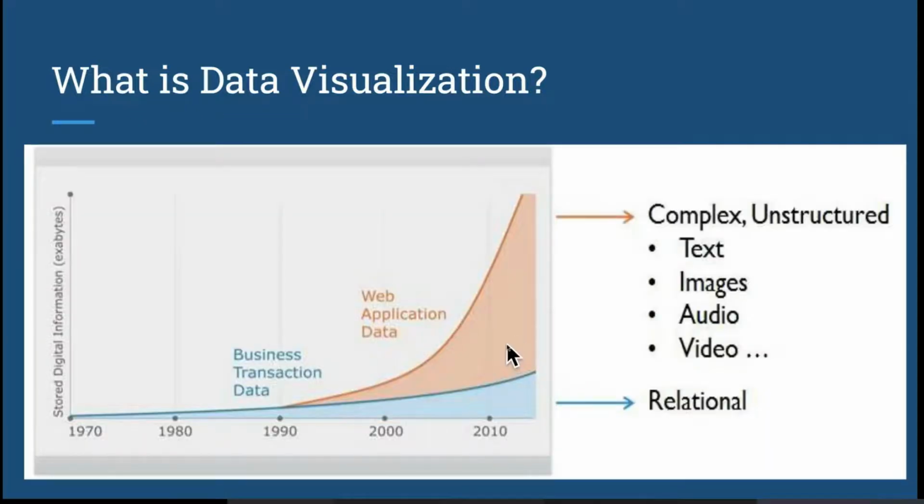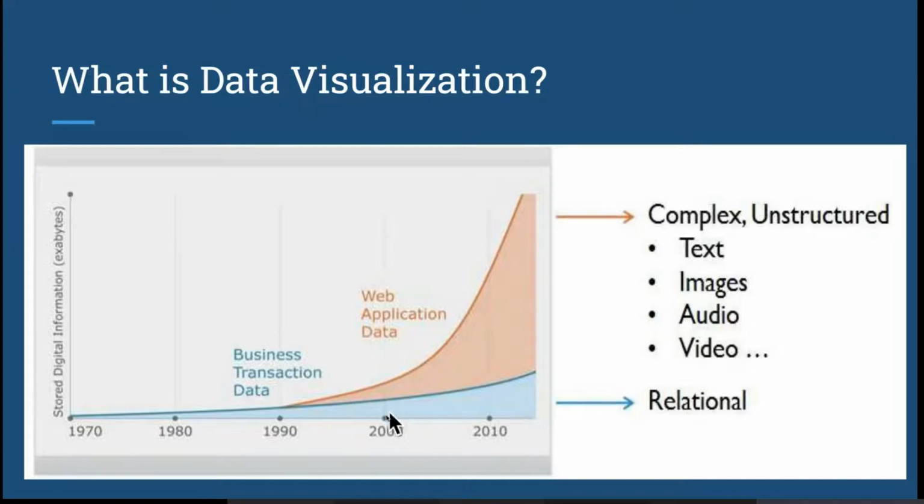Okay, so generally for unstructured data, we can see that over the years, we are progressing more onto complex unstructured data, due to the proliferation of social media and the internet. Just before the internet exploded in the 2000s, most of the data were relational.